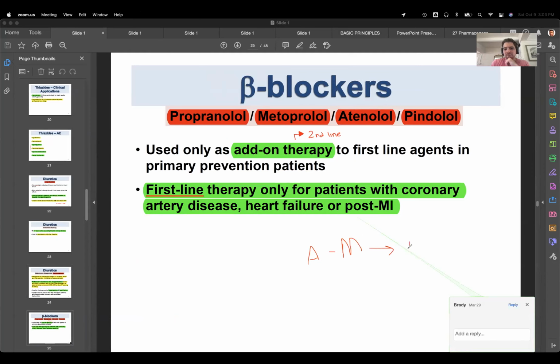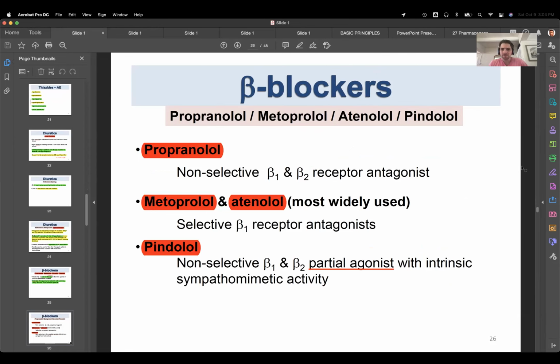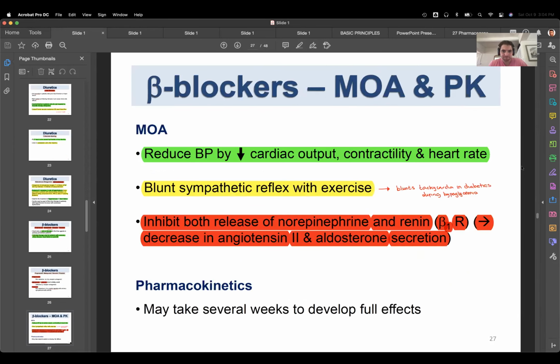So they'll choose beta-1 over beta-2, and N through Z, beta-1 equals beta-2, okay? So it's a little tricky. Why would you want to block beta-2 since it does vasodilation? But this is mostly, think about the beta-1. You're putting some relief on the heart from working so hard. Okay, and you can see this here.